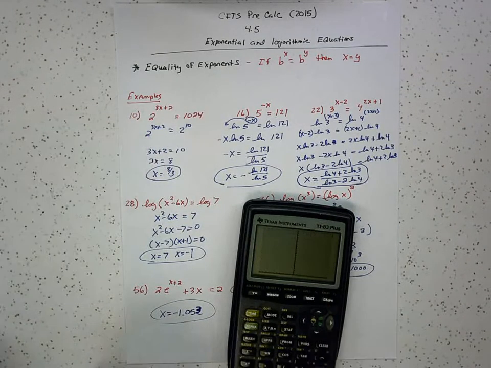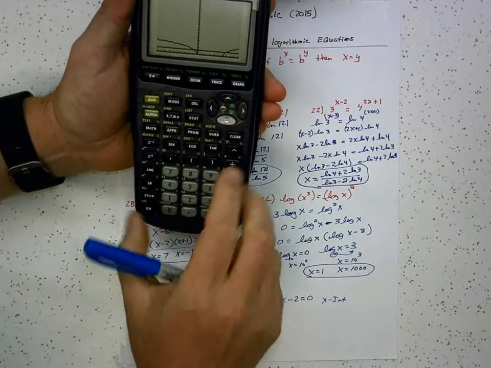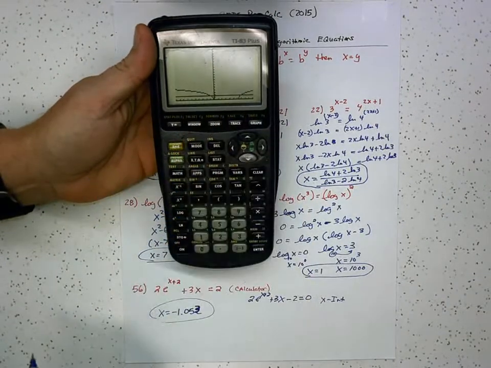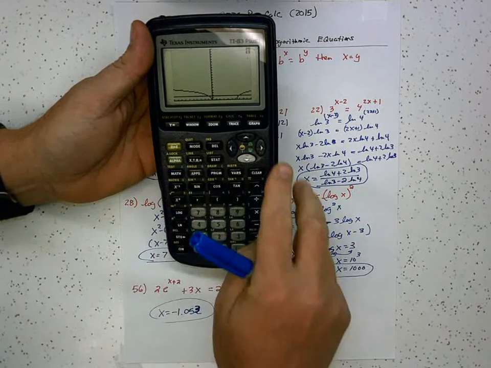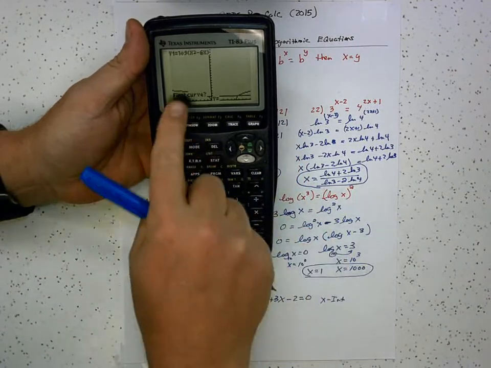I could graph those. And I just have to find those intersection points. So second, calculate intersection. And I need to be close to the curve.